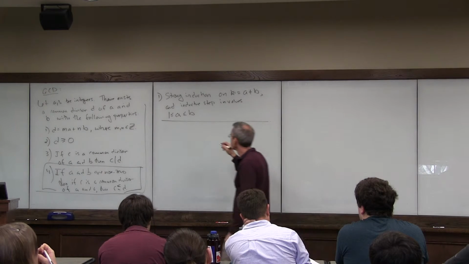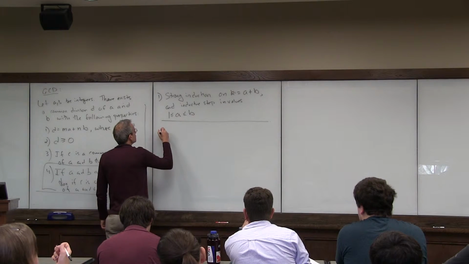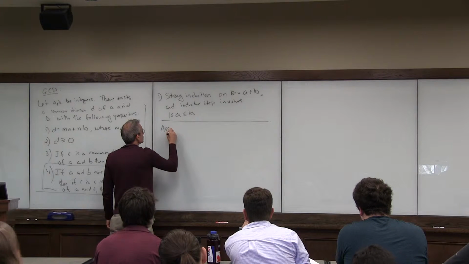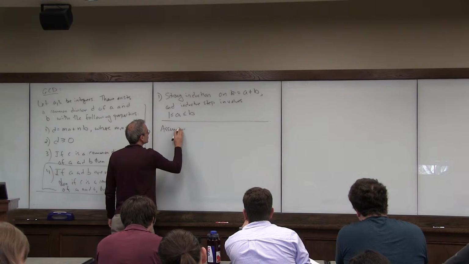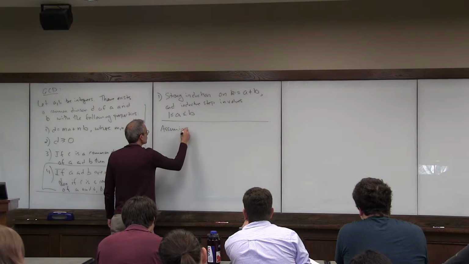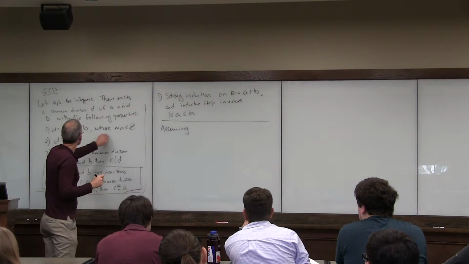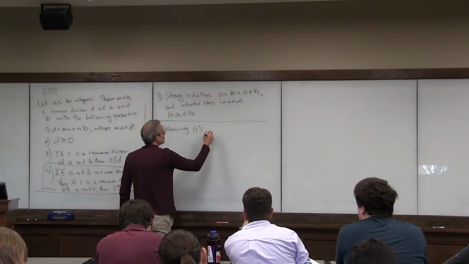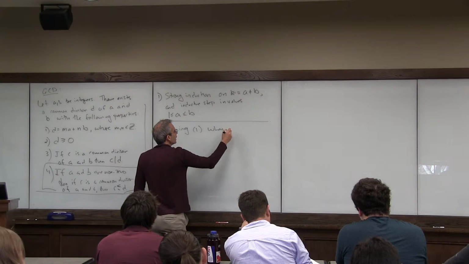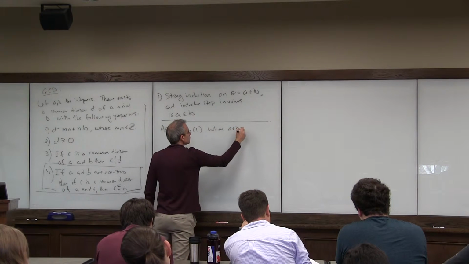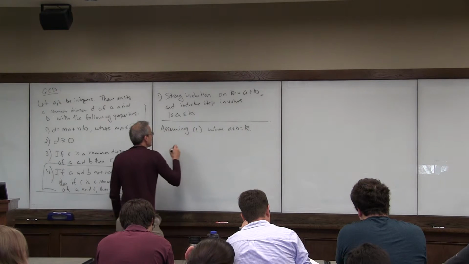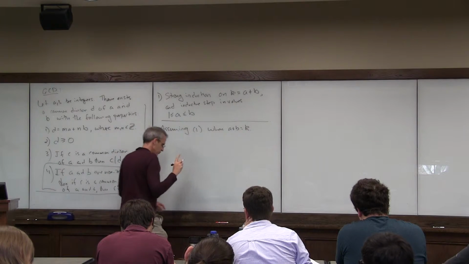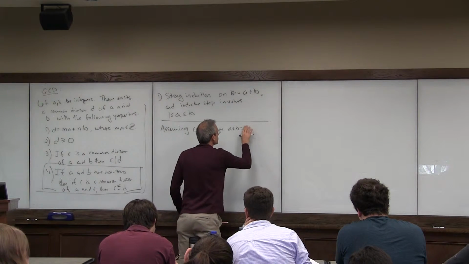And so again, what are we assuming? We are assuming this statement here, when A plus B equals K, and then we need to prove it. Well, actually, we're doing strong induction, right?